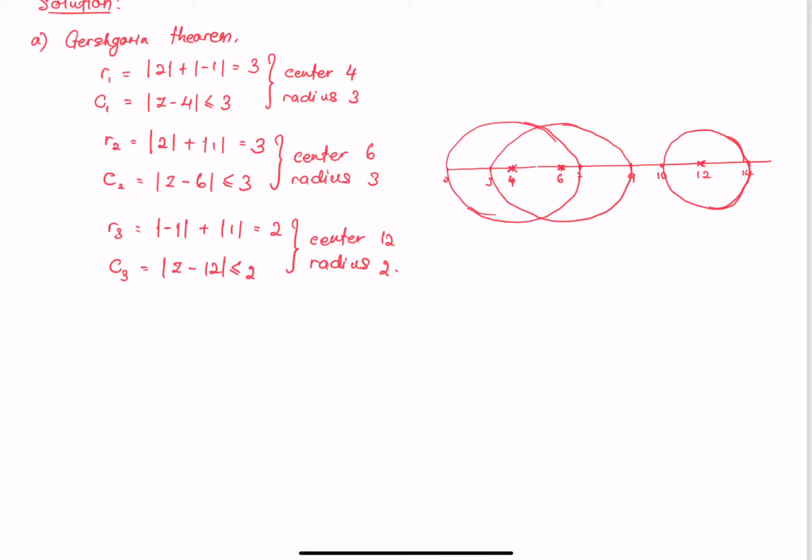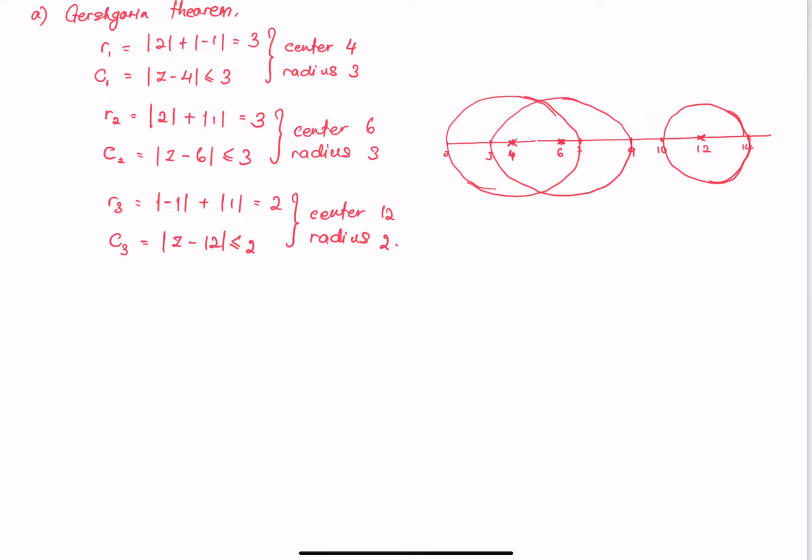So that we can see here our lambda, which is our eigenvalue, must be from 1 to 9 union 10 to 14. I'm sorry, it should be 1 here, not 0. Okay, this is the solution for A.